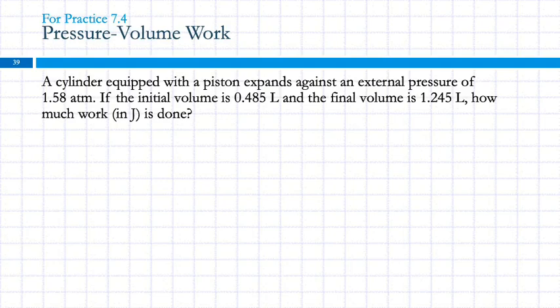So a cylinder equipped with a piston expands against an external pressure of 1.58 atmospheres. If the initial volume is 0.485 liters and the final volume is 1.245 liters, how much work in joules is done?